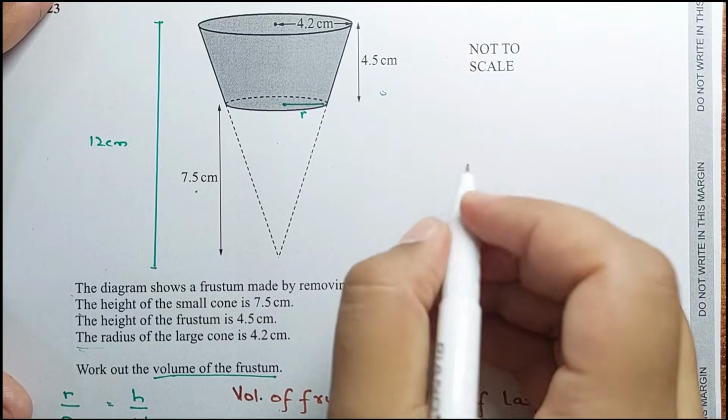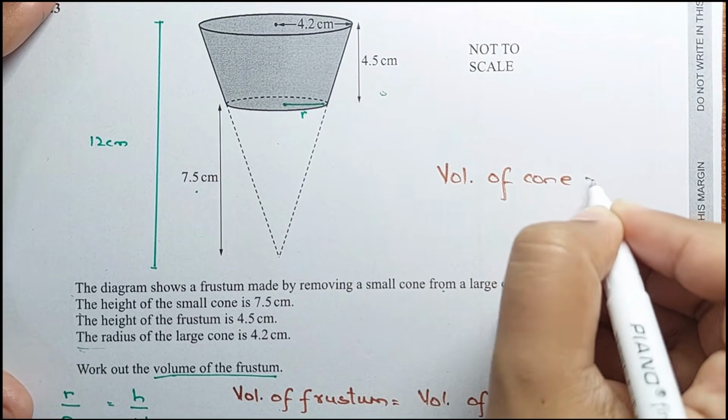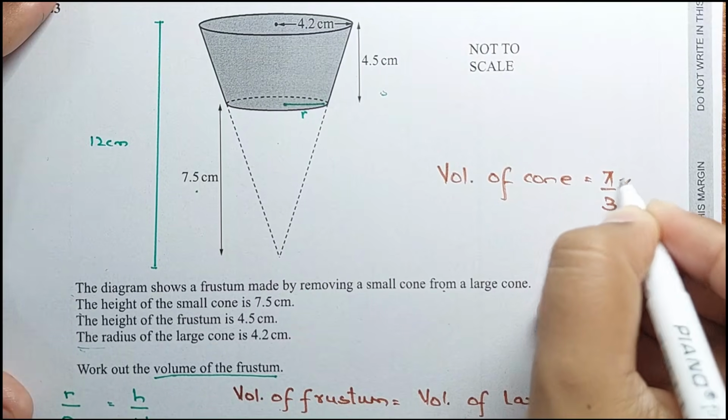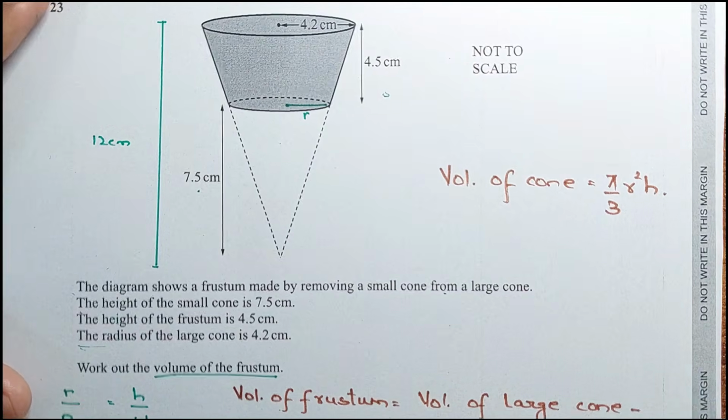So what is the formula for the volume of a cone? Volume of a cone is pi by 3 radius square height. We have the radius of both cones and the heights of both cones, right?